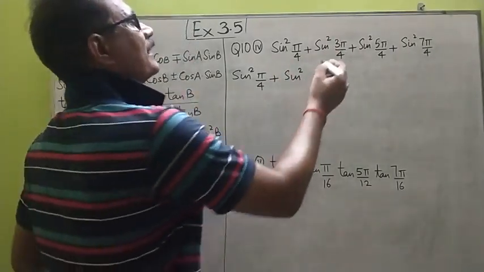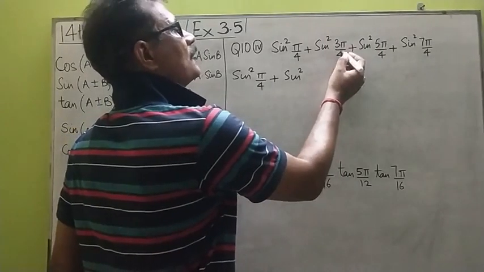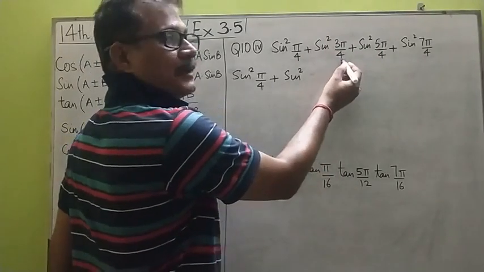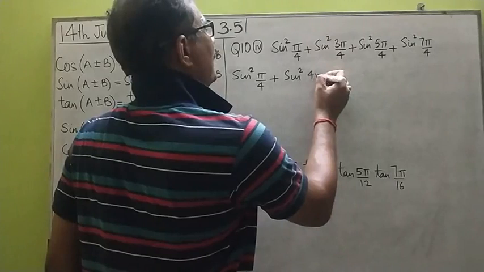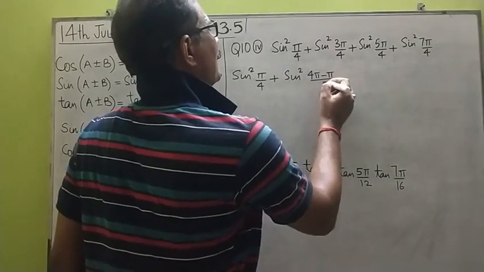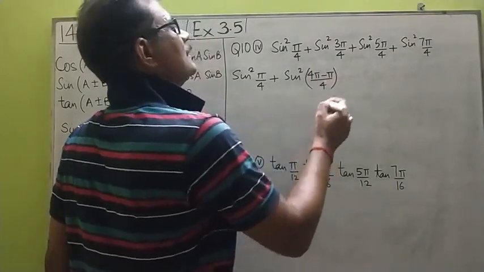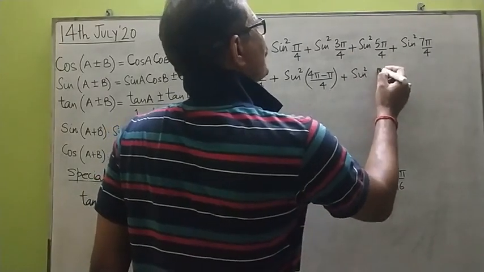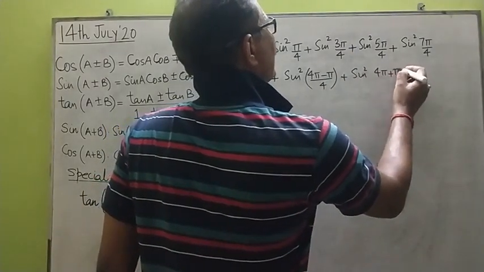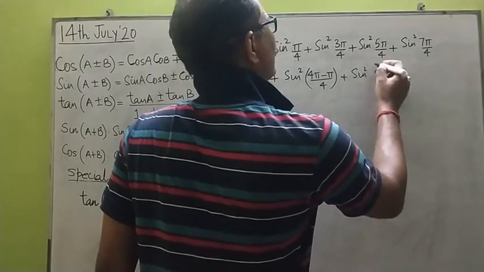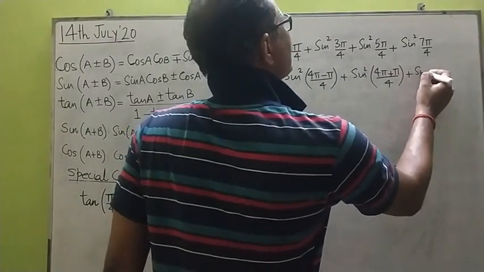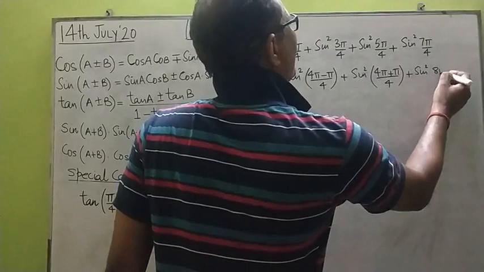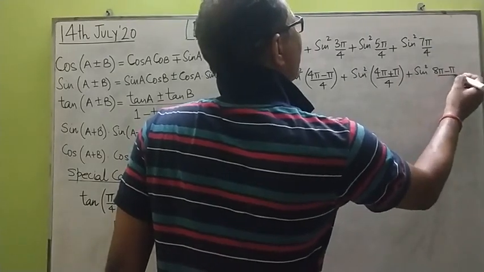You know the denominator is 4 and the numerator is 3, so we break this numerator 3 in terms of a multiple of 4. So we can write this as 4 pi minus pi divided by 4. Similarly, we can write this as sine square, multiple of 4 means 4 pi plus pi divided by 4. And similarly the last one, sine square 8 pi minus pi divided by 4.